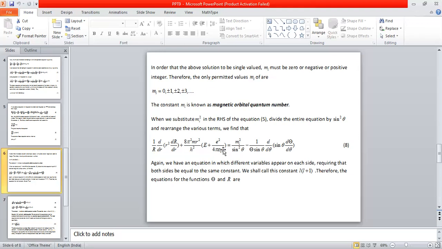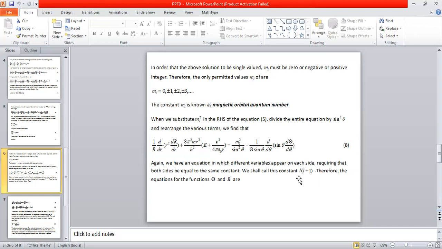So the left side is a pure function of r and the right side a pure function of theta, and both of them are equal as per equation 8. That is possible only when each of these two terms is equal to some other constant. For the sake of completeness, we are taking that constant as l into l plus 1.